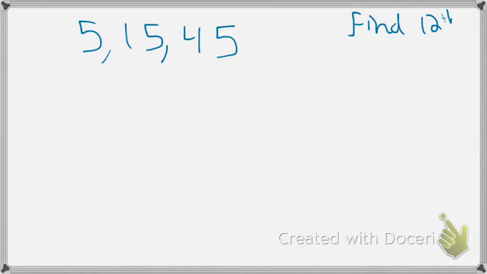So we have the sequence 5, 15, 45, and we are asked to find the 12th term. So I'll just write here, find 12th term. We know that we should divide this by this to get the common ratio. So after doing 15 divided by 5, we simply get 3. So our r is 3.